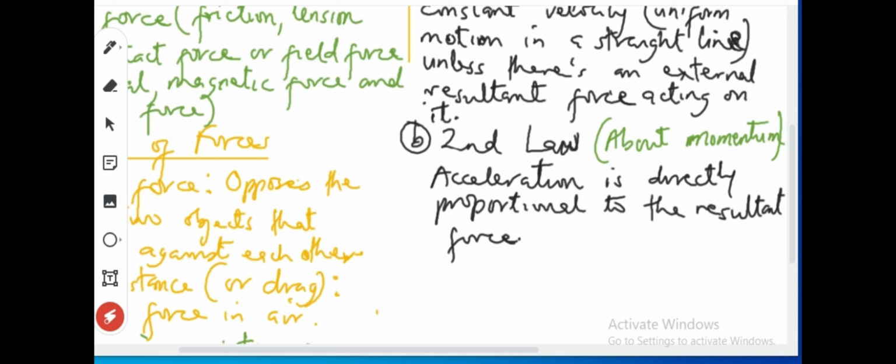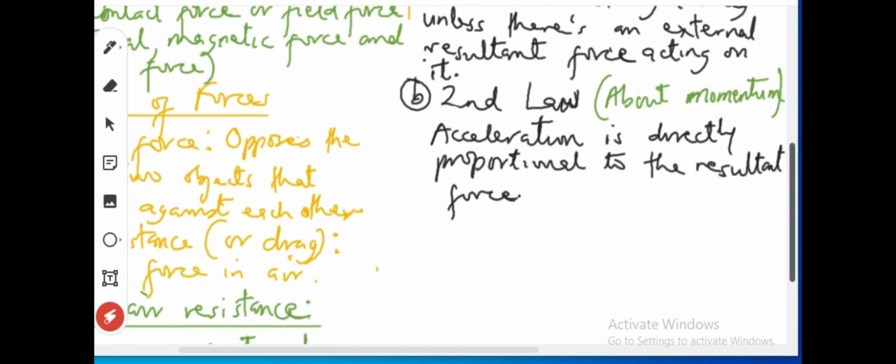That "at the same rate" is very important. If it is not at the same rate, they are not directly proportional. Did you hear me? Yeah. As the resultant force increases, acceleration increases at the same rate. As the resultant force decreases, acceleration also decreases at the same rate. That is the only time both of them will be directly proportional.